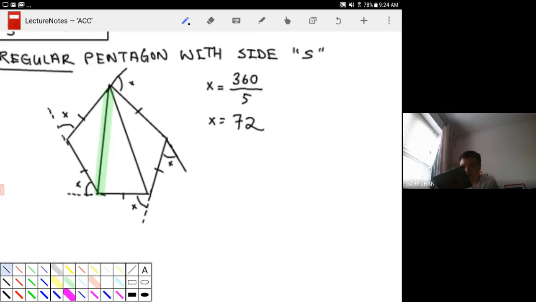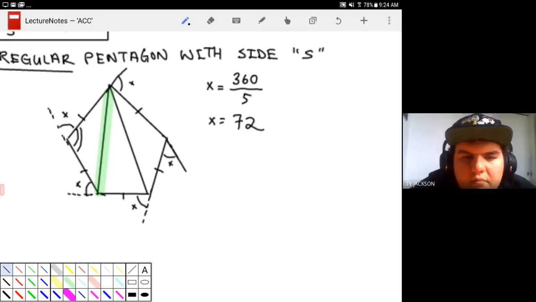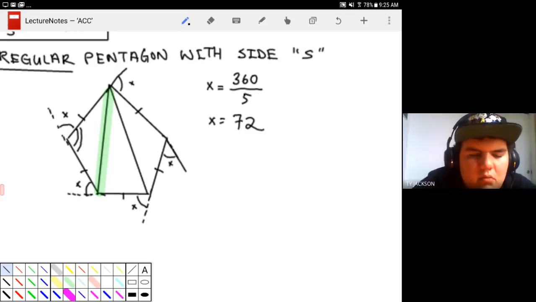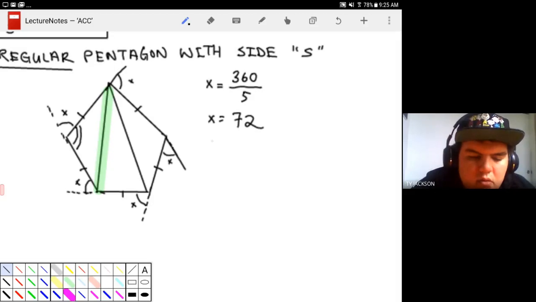So therefore, what's the angle on the inside then? What's one interior angle? You mentioned it. You said to take that angle and subtract from 180, right? What's the measure of one interior angle then? 108.